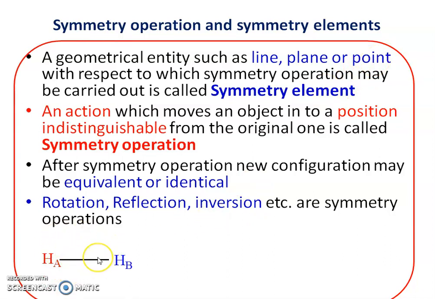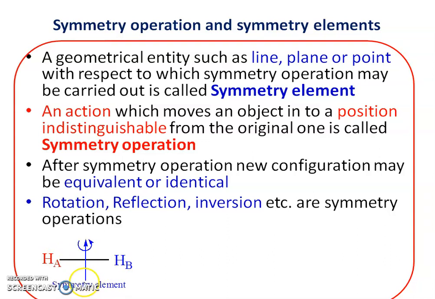As an example, consider the hydrogen molecule again. In a hydrogen molecule, two hydrogen atoms are oriented along the same plane, and they are joined to each other by means of a covalent bond.